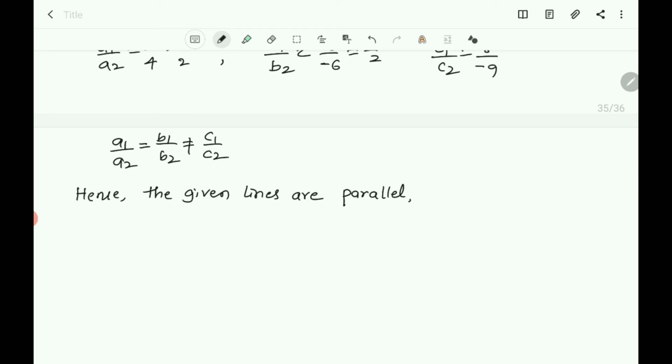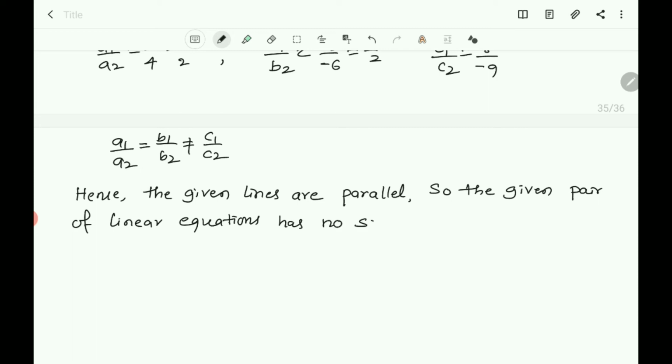So the given pair of linear equations has no solution. Therefore it is inconsistent.